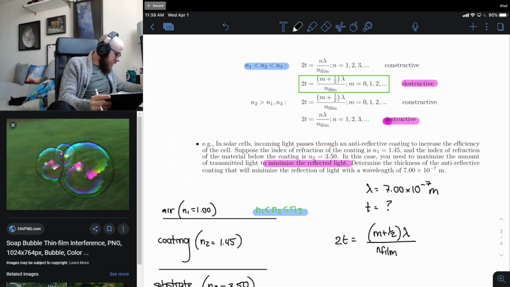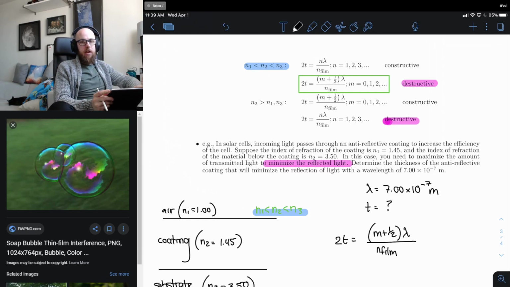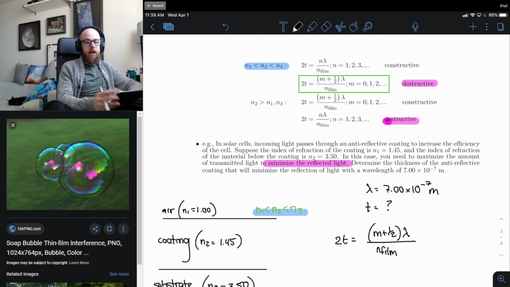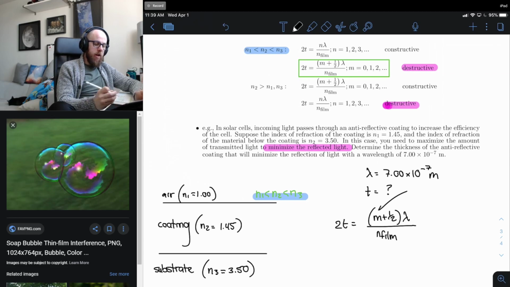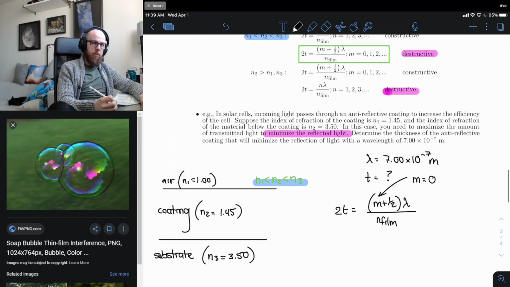Looking through the types of questions in the textbook, it says calculate the smallest thickness, calculate the thickness of the oil slick so that you cannot see yellowish light. So usually it's dealing with the minimum thickness in most of the questions in the textbook. I think it'll specify otherwise, all right? So here again, we're assuming the minimum thickness, which means m is going to be 0 in this formula here.